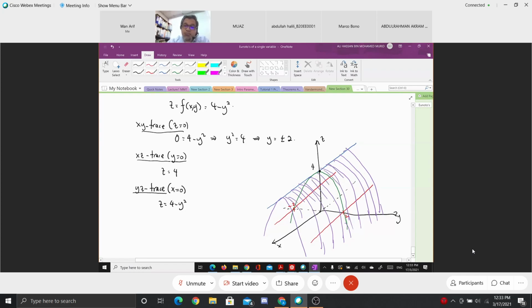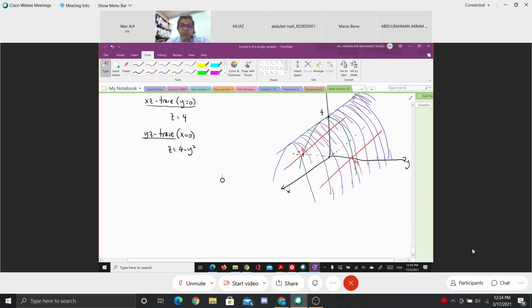Yeah. But it extends infinitely downwards. So this is another example.